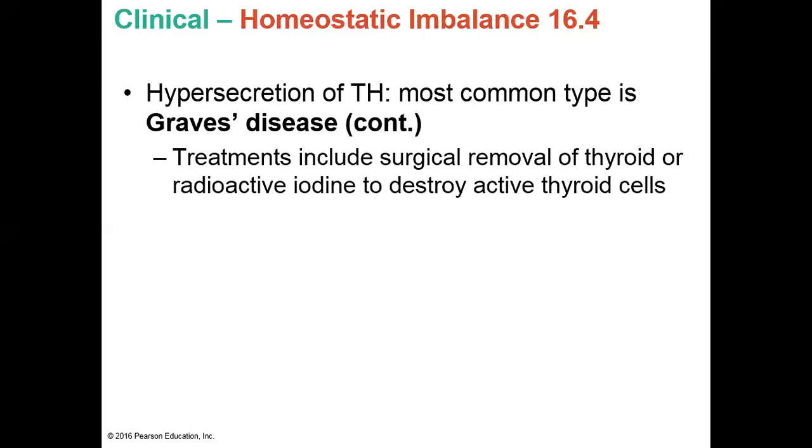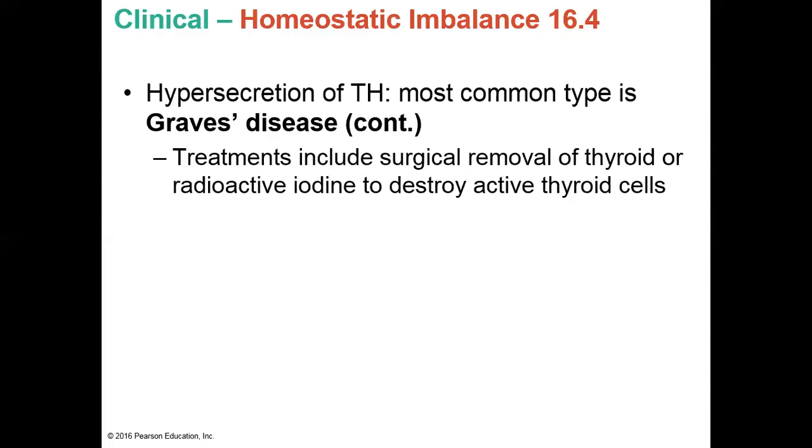So hypersecretion, Graves' disease. Okay, so the treatment: because you have a hyperactive thyroid gland that's caused by antibodies that mimic thyroid stimulating hormone, the only thing you can do at this point, because it is an autoimmune disease and the antibodies are produced, is surgically remove the thyroid. Or radiation.